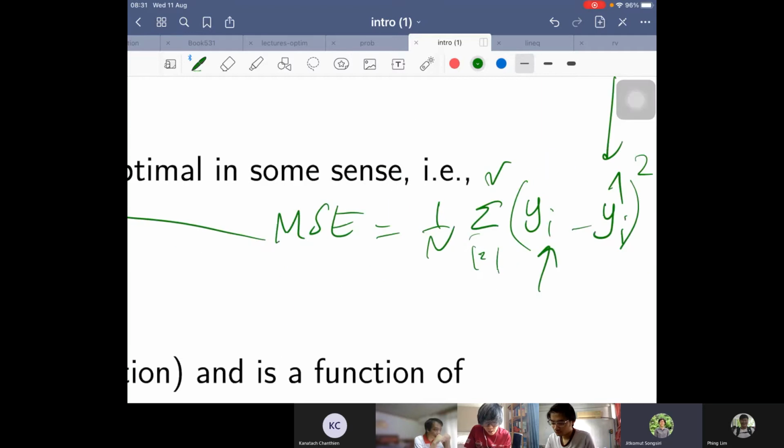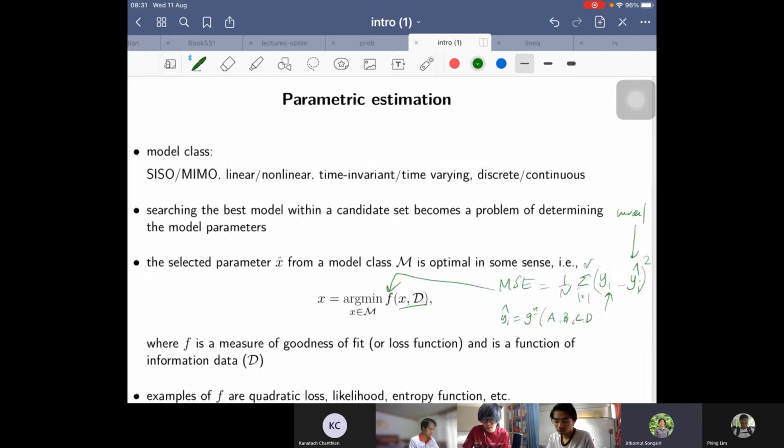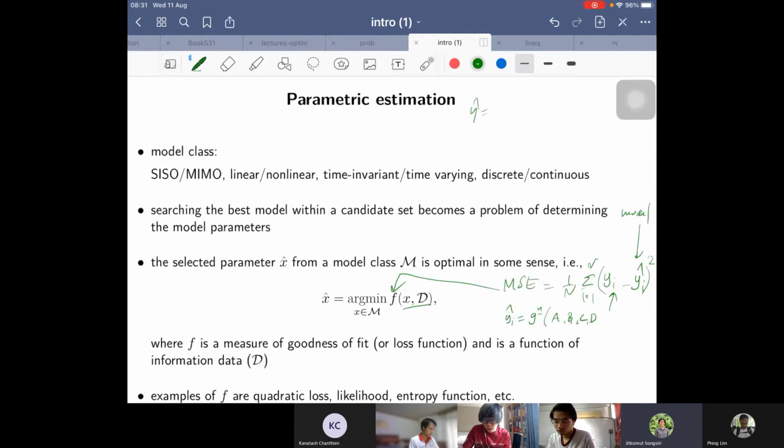Let me remind you that my y hat is from the state space equation, right? Y hat is going to be a function of a, b, c, d. My y hat is cx plus du.